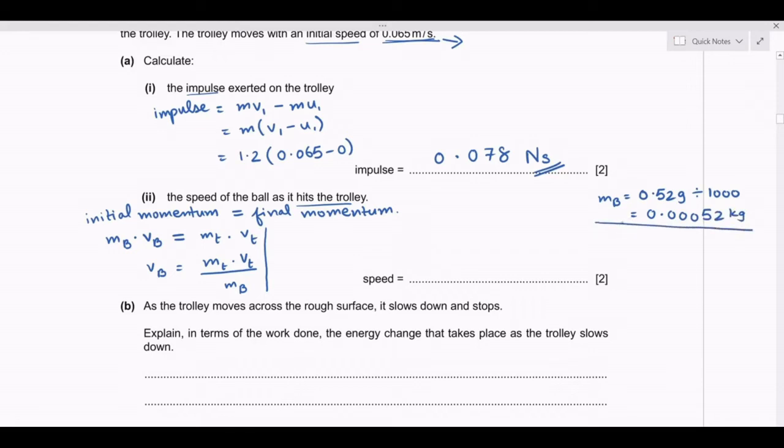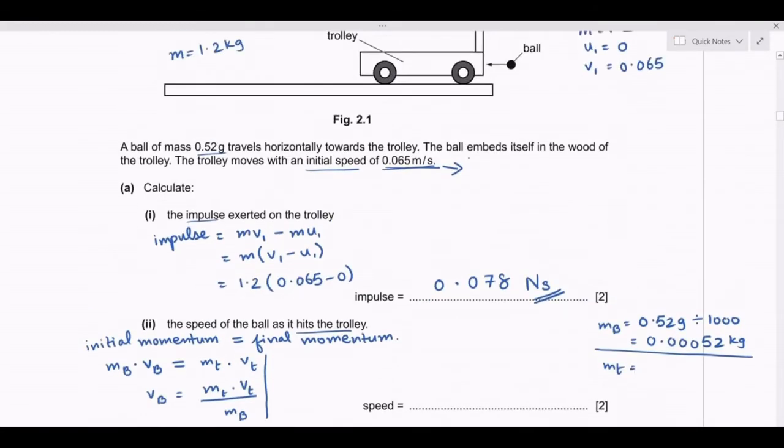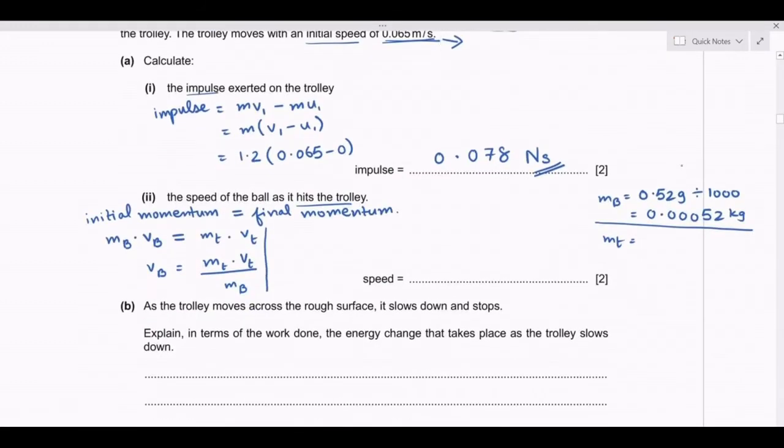Then mass of trolley. As we can see from the question, the ball embeds itself, so the mass of the trolley is basically the mass of the trolley plus the mass of the ball. The mass of the trolley is 1.2 kg and the mass of the ball is 0.00052. So this will be 1.2002.